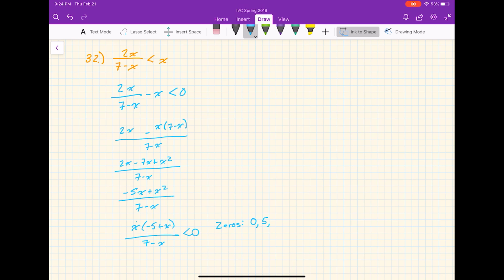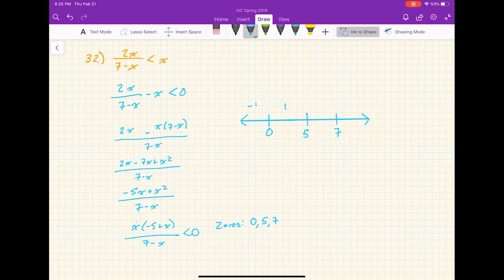Put in a 5 in that quantity piece, negative 5 plus 5 is going to be 0, so that's a 0. And in the denominator, 7 minus 7 is also going to be a 0. So draw my number line, put my 0, 5, 7 up here. Now I need to pick some test numbers.